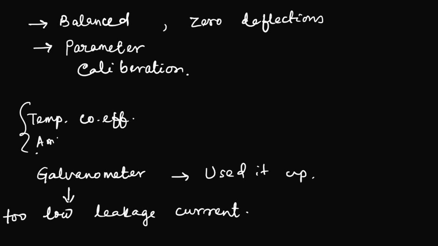So it is advised that there is a range of resistance and temperature for which the Wheatstone bridge can be used. There are many applications of the Wheatstone bridge, like the slide wire bridge, or meter bridge as it is called, because the bridge is 1 meter long and there is a jockey which moves along the 1 meter wooden board, and when the galvanometer is showing neutral, that means the bridge is in balanced form.